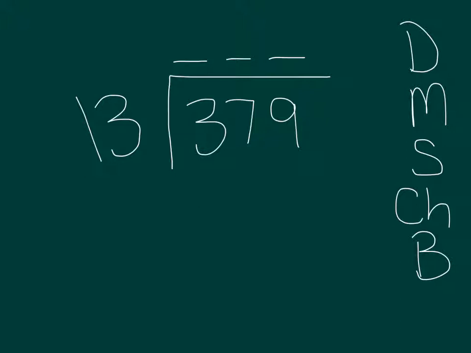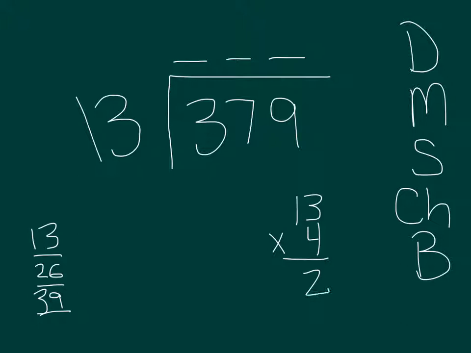And so showing the multiples of 13, 26, 39, and at one point, students may need to show work out to the side to determine what the next multiple is. So doing 13 times 4, of course they would have extra paper to show all of their work. 2, carry my 1, 4, 52.